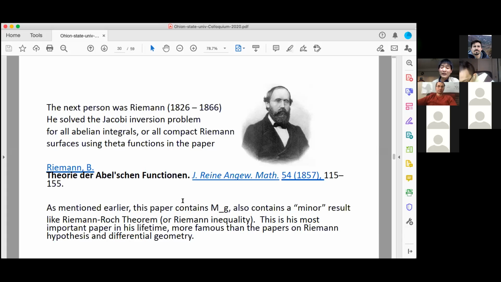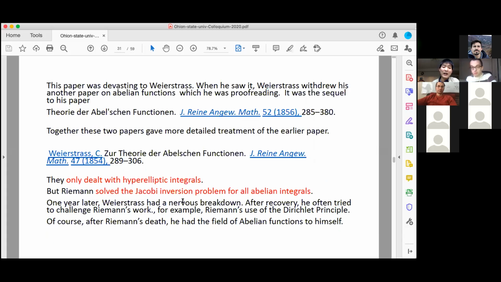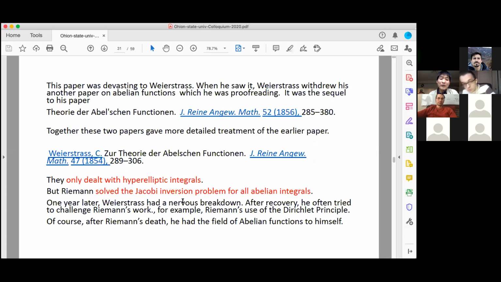Okay. Now, this very famous paper had a devastating effect on Weierstrass. Weierstrass was expanding his first paper, but he had published one long paper already. He was writing another to expand other parts of this paper. Weierstrass was proofreading his paper, but when he saw this paper of Riemann, he withdrew his paper.